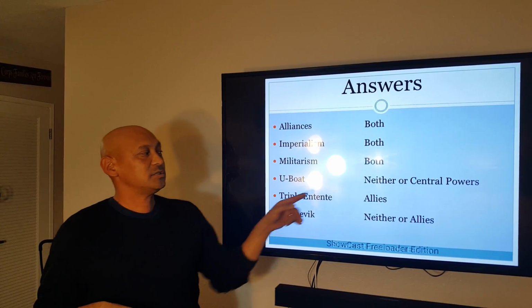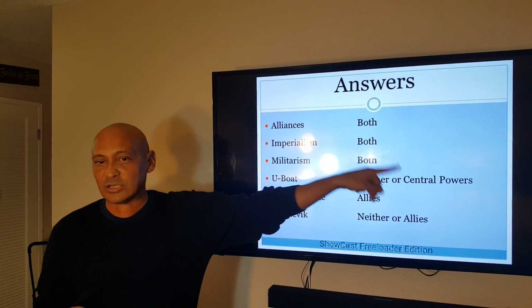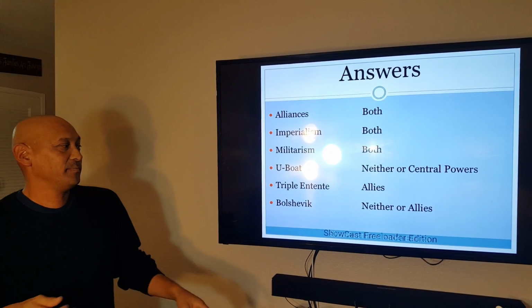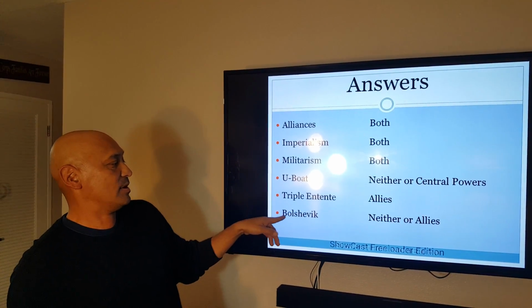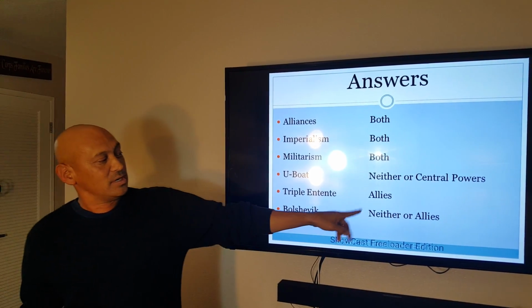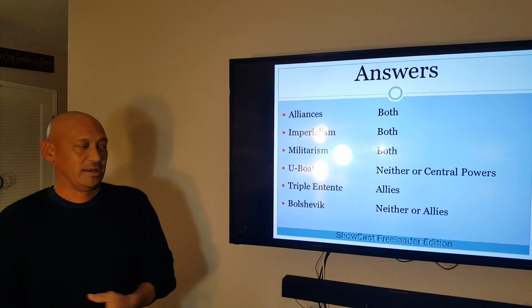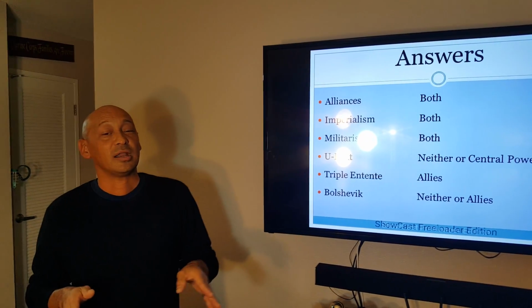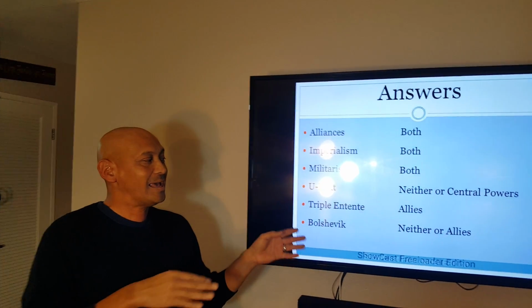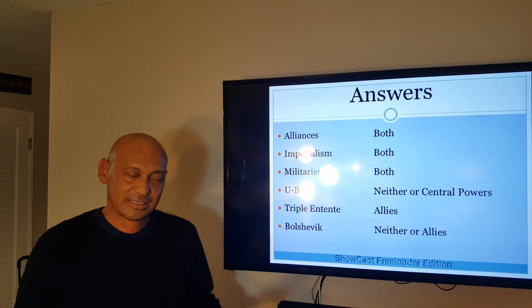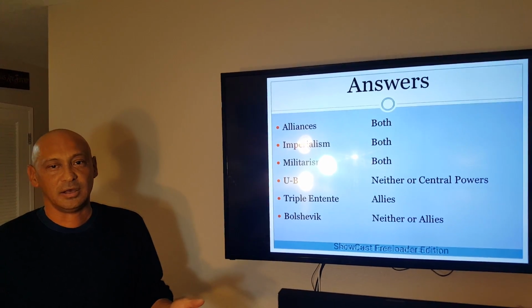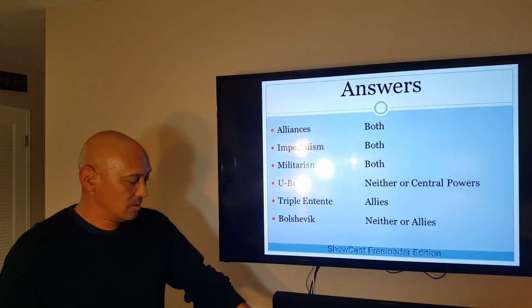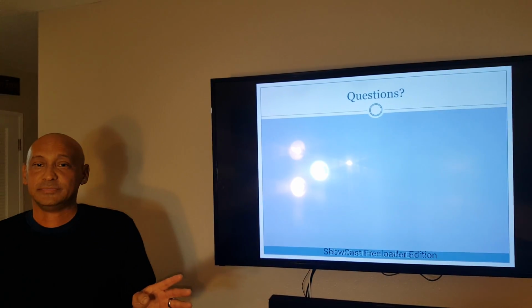U-boats, that applied to Germany, so if you put neither or Central Powers, you were right. Triple Entente, we don't have that one. Bolsheviks, if you put neither or Allies, you were right. Remember, the Bolsheviks were the Russian party that took control, and after they took control, basically that ended Russia's participation in the war. Any questions about what we've done?